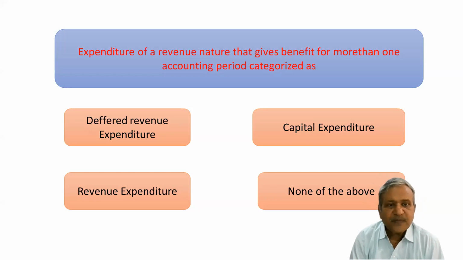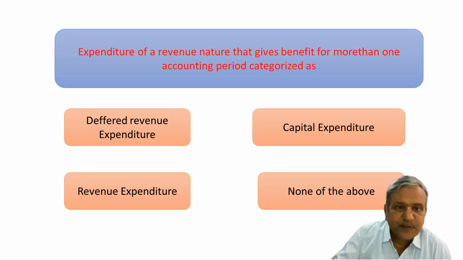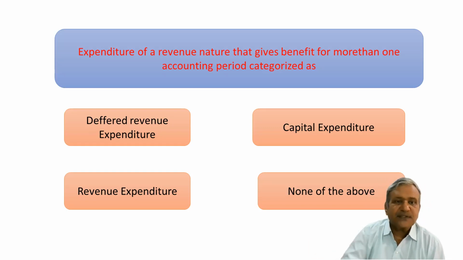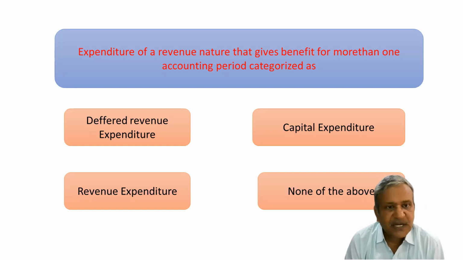It is more than 1 year. That's the reason this expenditure is spread over to future years also. Deferment means postponement, postponing the expenditure. That is called deferred revenue expenditure.